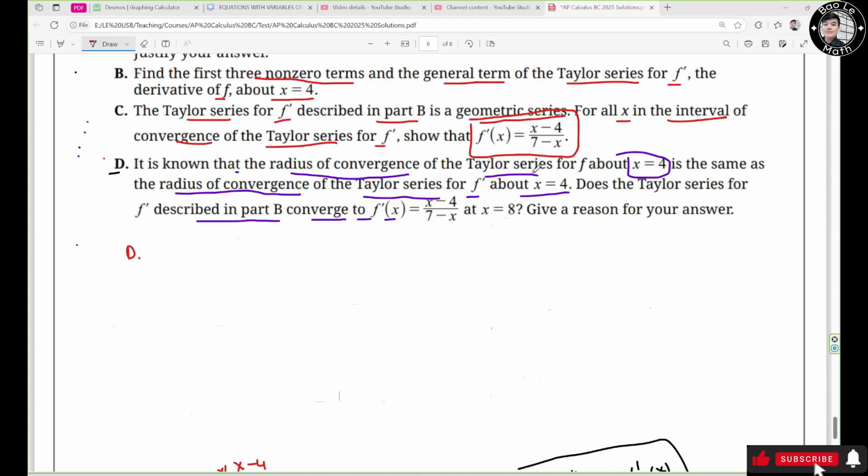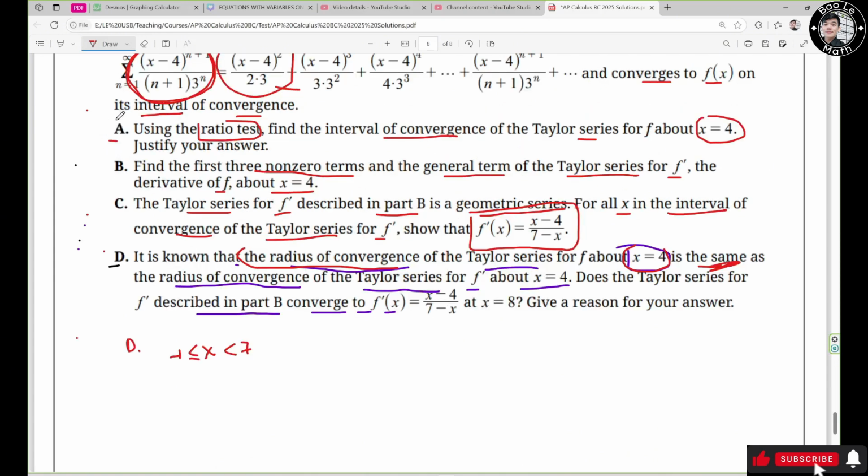Now, since the radius of convergence is the same, the interval is s greater than or equal to -1 and less than 7, which you found in question A. Since s equals 8 is outside of this interval, the answer is no.